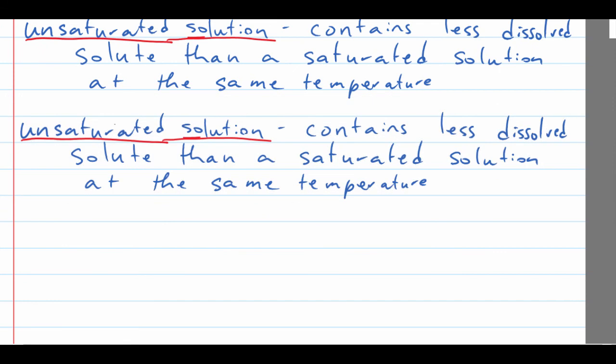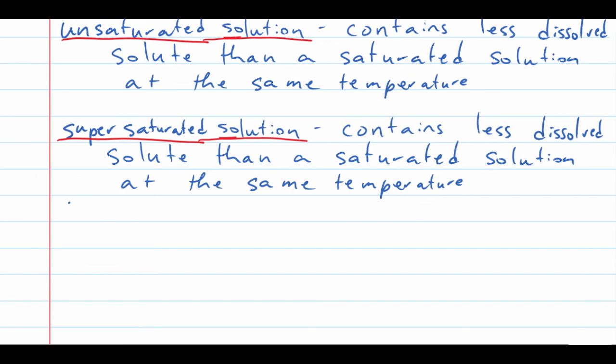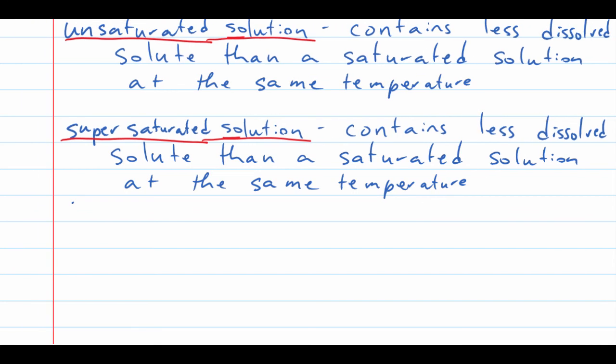In the change, we're going to call this a supersaturated solution. And we only need to change one word in here. What word would we change? Less. And we change that to? More. Exactly.